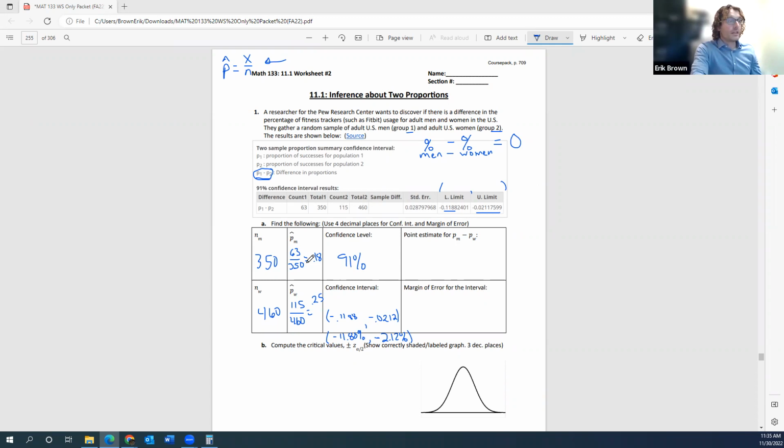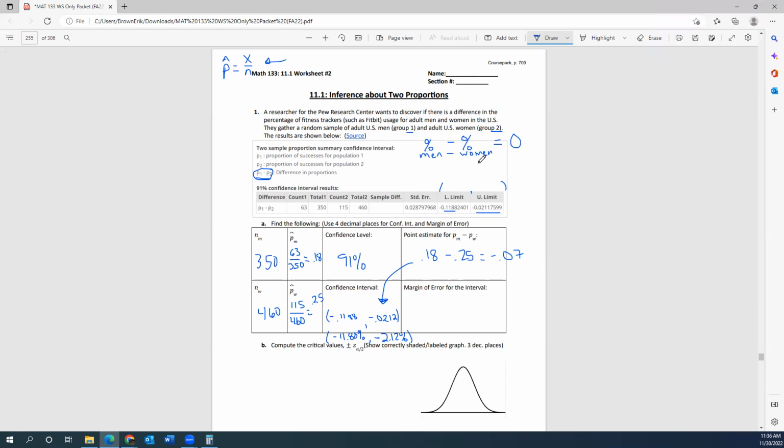For the point estimate, we took the 0.18, which is the men usage, minus the 0.25, which is the women usage, and we got negative 0.07 from our sample. And then around that sample, we built this confidence interval. The fact that both of the numbers are negative tells us the women are using it more than the men, because when you subtract two numbers, if the number you're subtracting is bigger, you'll get a negative value.